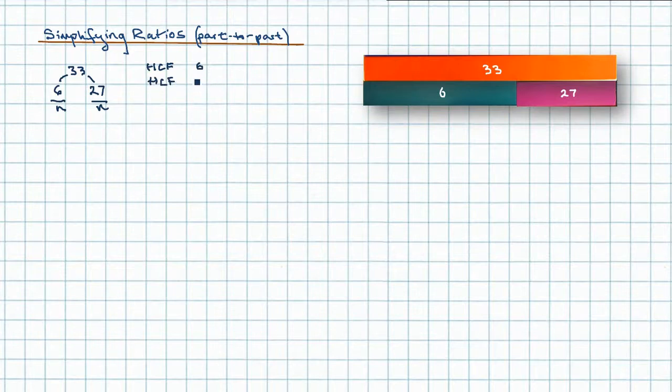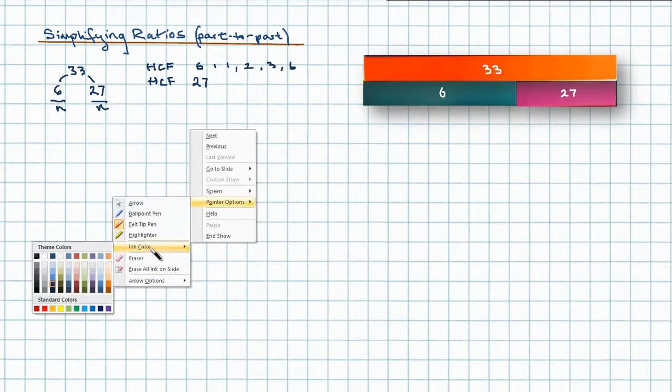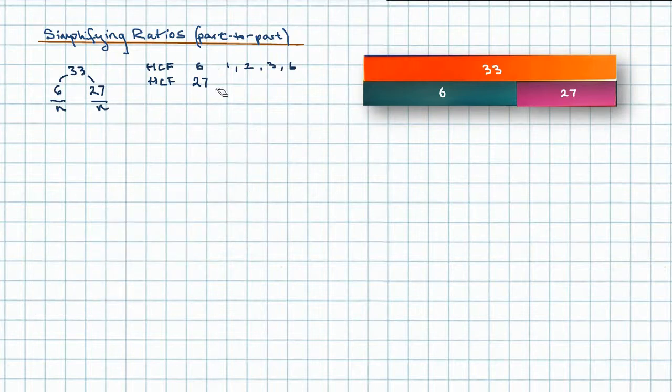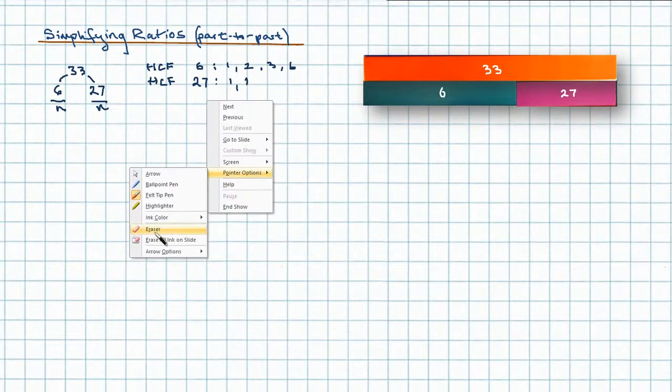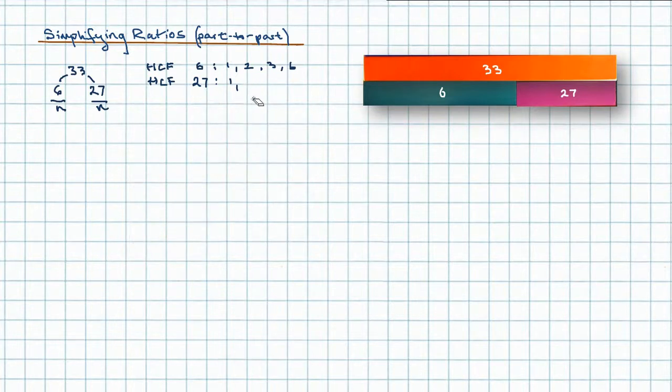If we list out the factors, we end up with 1, 2, 3, and 6 for 6. And for 27, our factors are 1, 3, 9 and 27. 2 will not divide into 27 and give us a whole number.